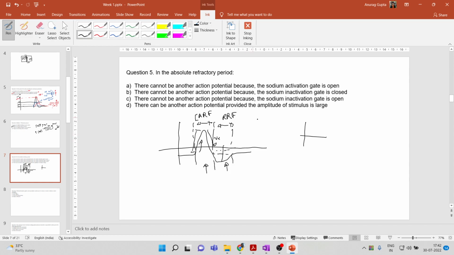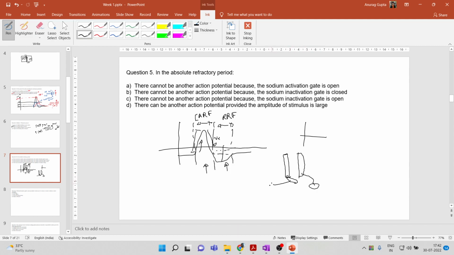This is because, like some people said, the sodium inactivation gate is closed. So let us recall how this works. We have a voltage gated sodium channel here, and this is in the rest state.